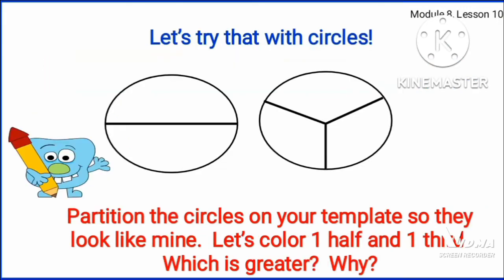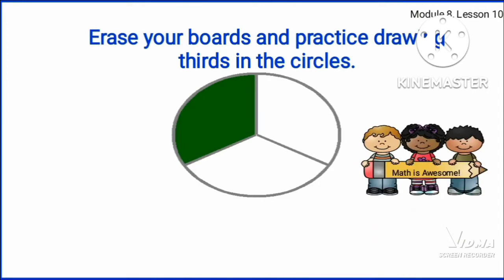Let's try circles. Partition the circles on your template so they look like mine. I've shared the first one into 2 equal halves and the other one into 3 equal parts, thirds. Erase your work and practice drawing thirds in the circles.